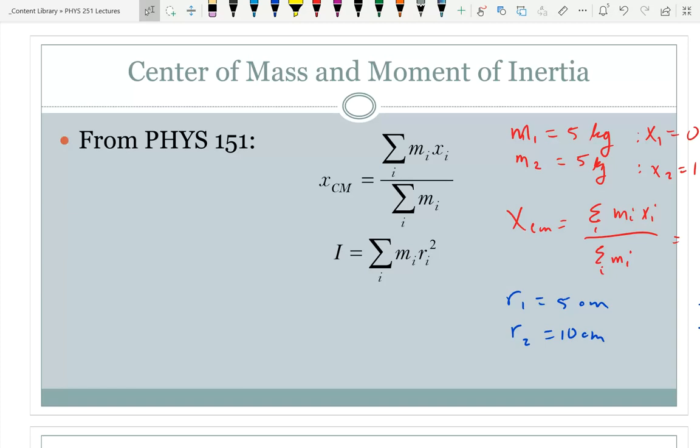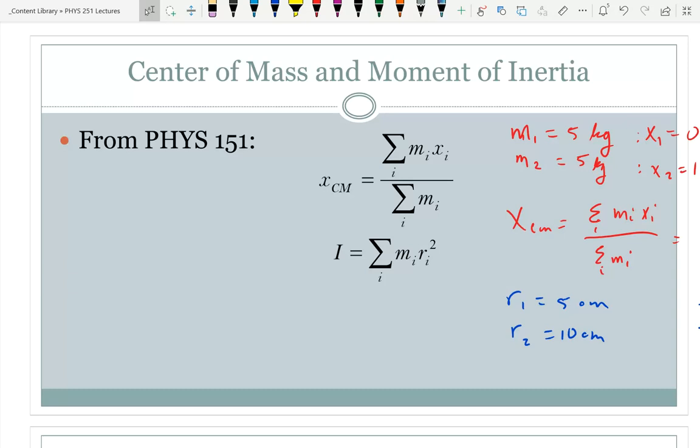And so if your masses have volume, then you have to add up these equations for every little piece of mass. What do we call the process of adding up for every little piece of mass? Integration. We're going to have to integrate. That's how we add up a continuous distribution.